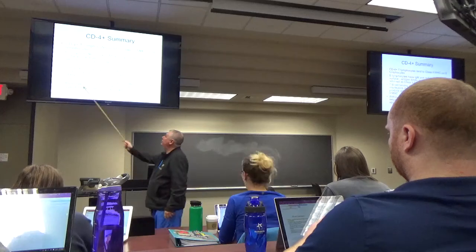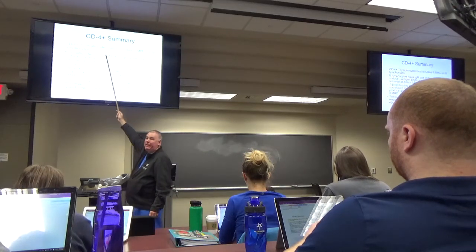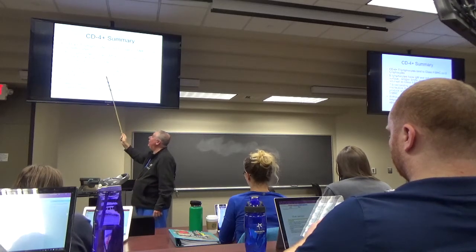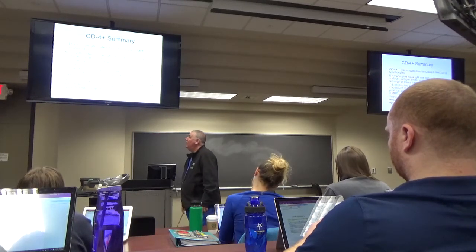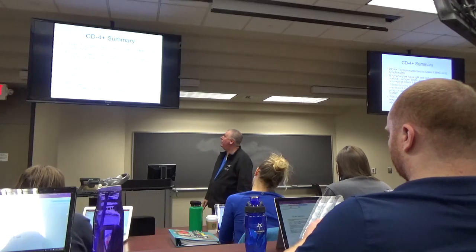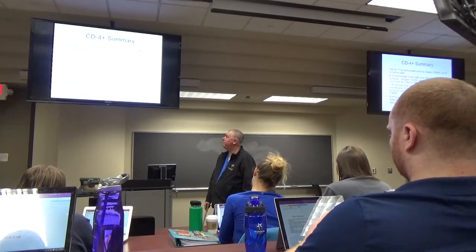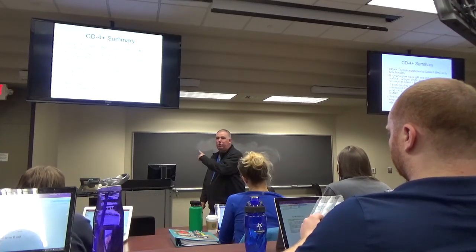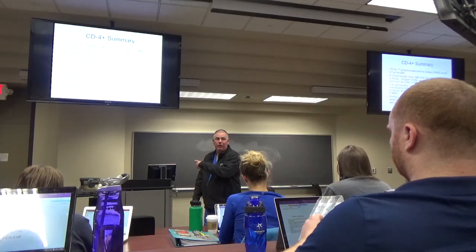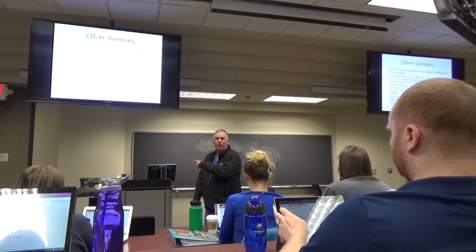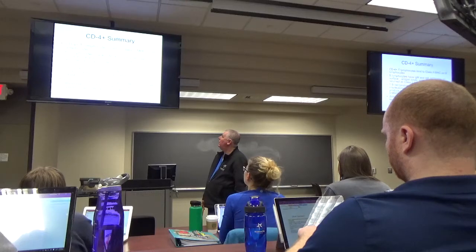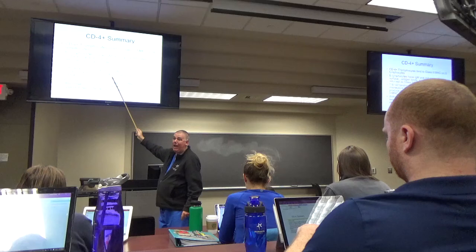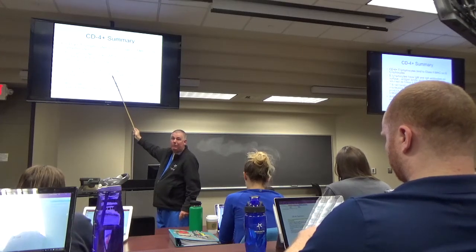The CD4 plus T cell binds to the B cell, causes that B cell to pump out immunoglobulin. This is humoral immunity. It produces antibody to the antigen that was on the T cell receptor.